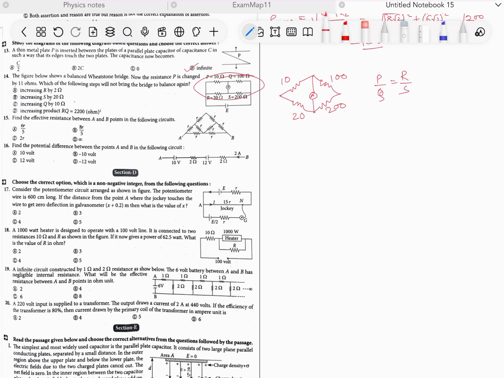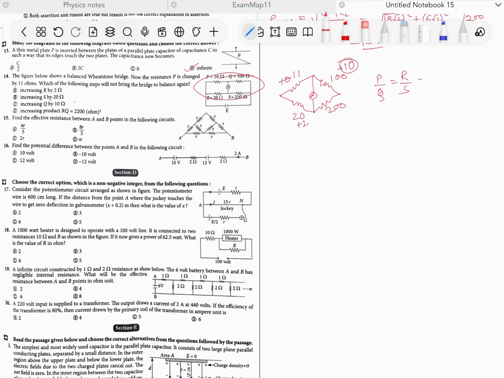So if we change this P to 11, then we have to change this 100 to plus 10. So Q will be increased by plus 10. Okay, it is right. And also if we increase this value of R by plus 2, then 11 by 22 means half, and 100 by 200 also means half, so it will also be right.